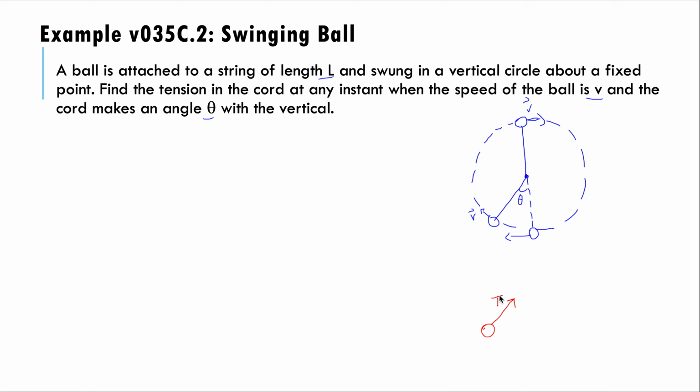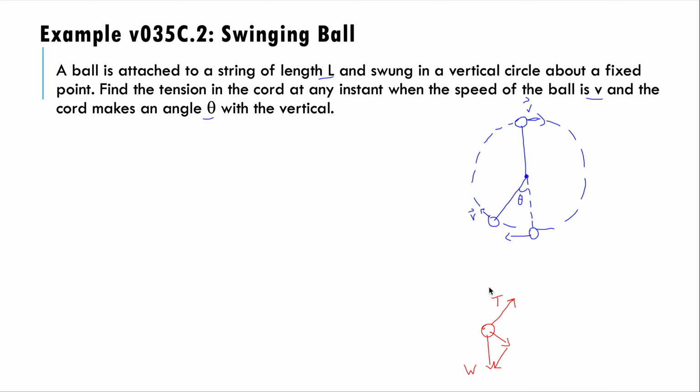If we look at the centripetal forces, we can still find tension, even though there are forces that are tangential to the motion as well. For instance, the weight here points straight down, but it has a component that is tangent to this circle, that is parallel to the path, and a component that is perpendicular to the path.